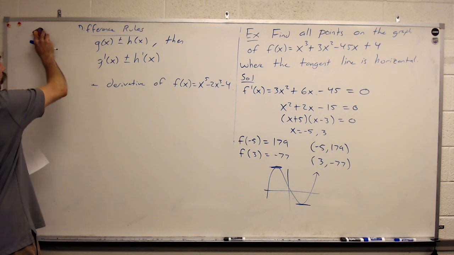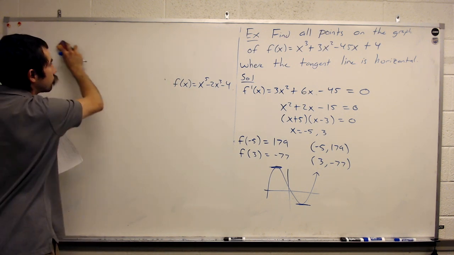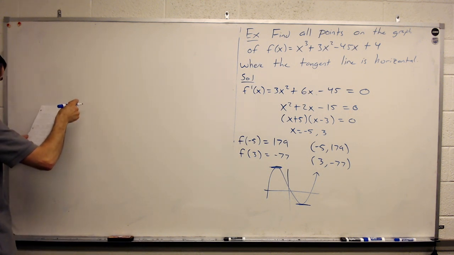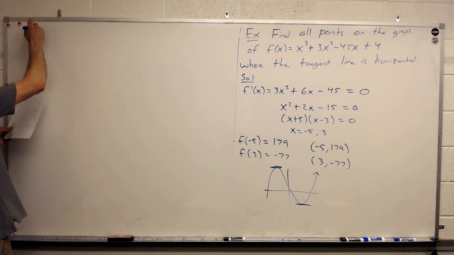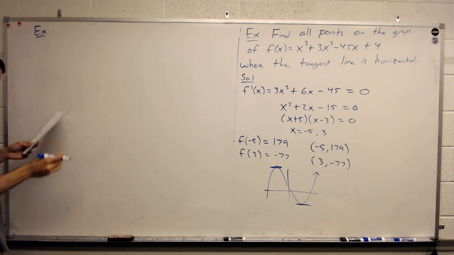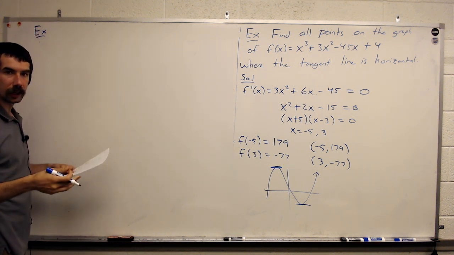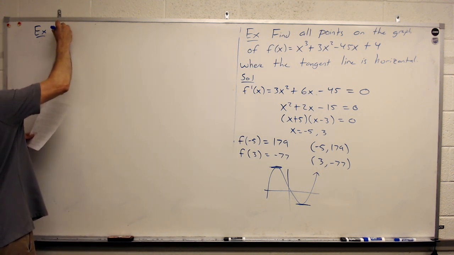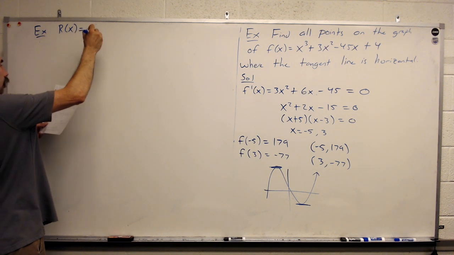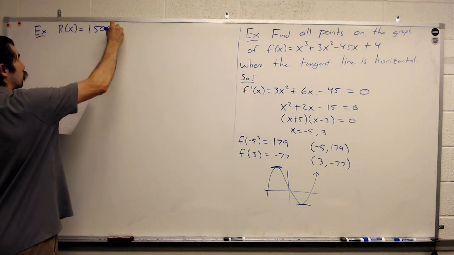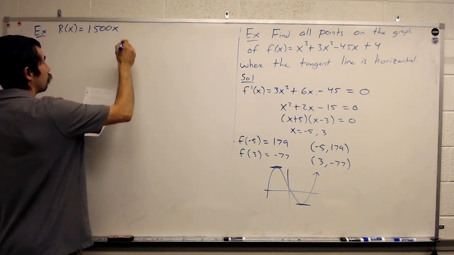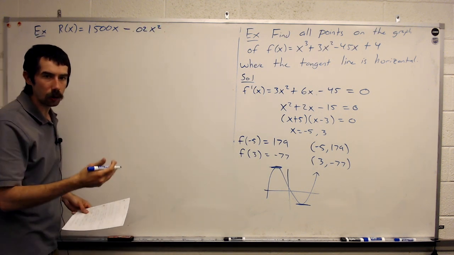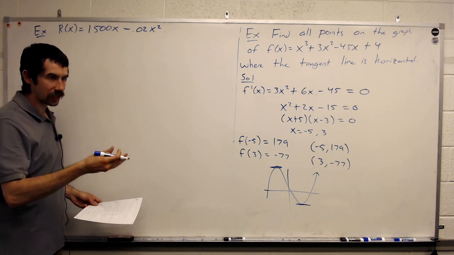OK, let's look at an application. All right, so suppose that the manufacturer of a product knows its revenue function. OK, so suppose that we have a revenue function given by 1,500x minus 0.02x squared. All right, so this is our total revenue function if we sell x units.